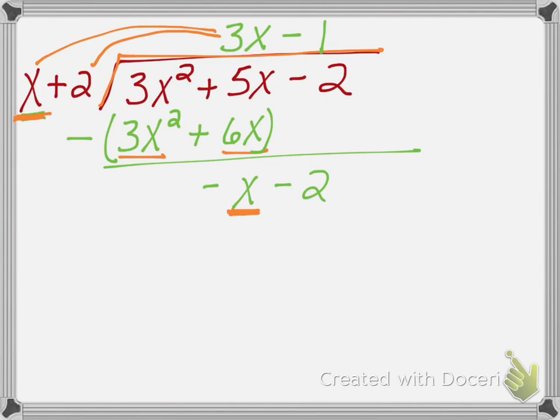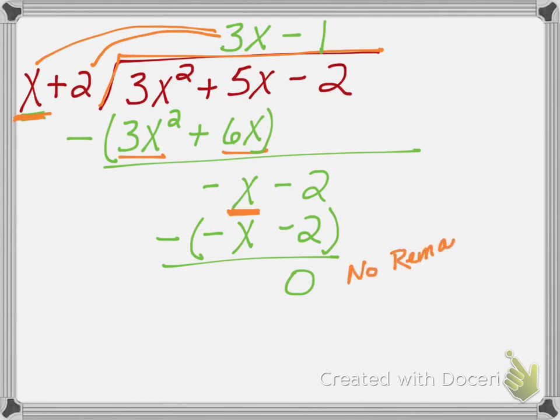Multiplying negative 1 by x, we get negative x. By 2, we get negative 2. Subtracting these two lines, we end up with 0. That's my remainder. So that means that there is no remainder, or a remainder of 0.